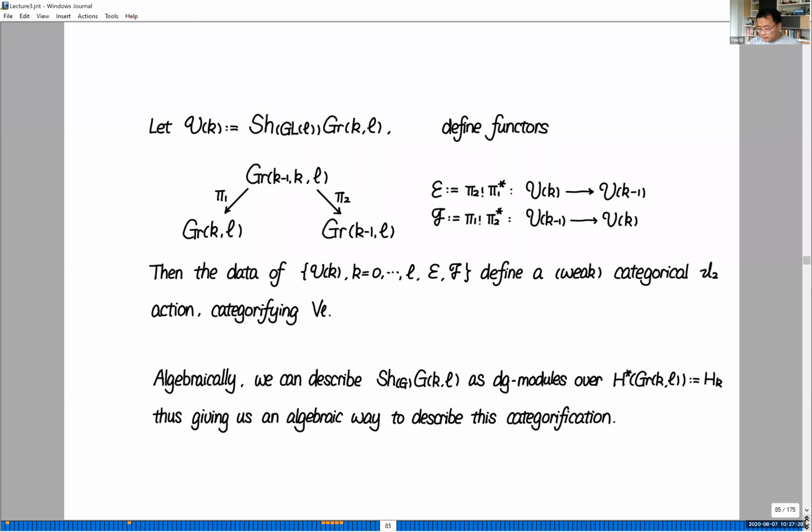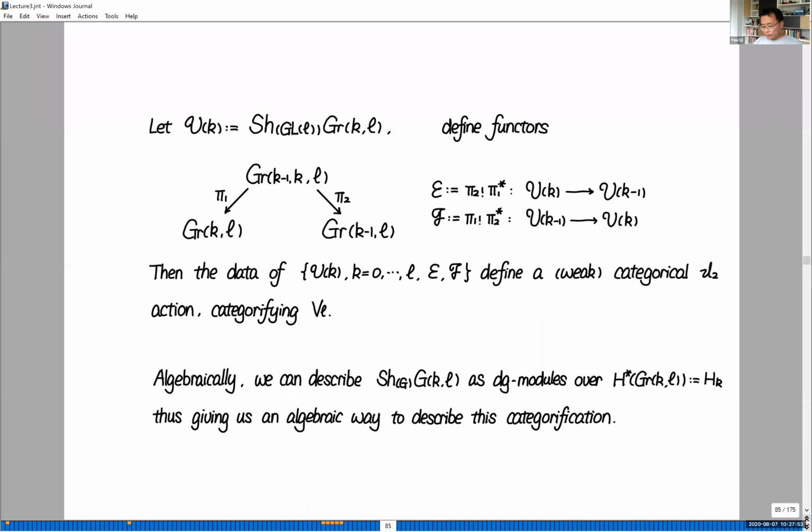So, I'm not being super precise here. You have to take some mixed sheaves on these varieties, constructible along the strata of GL orbits, so locally constant sheaves on the entire variety, essentially.